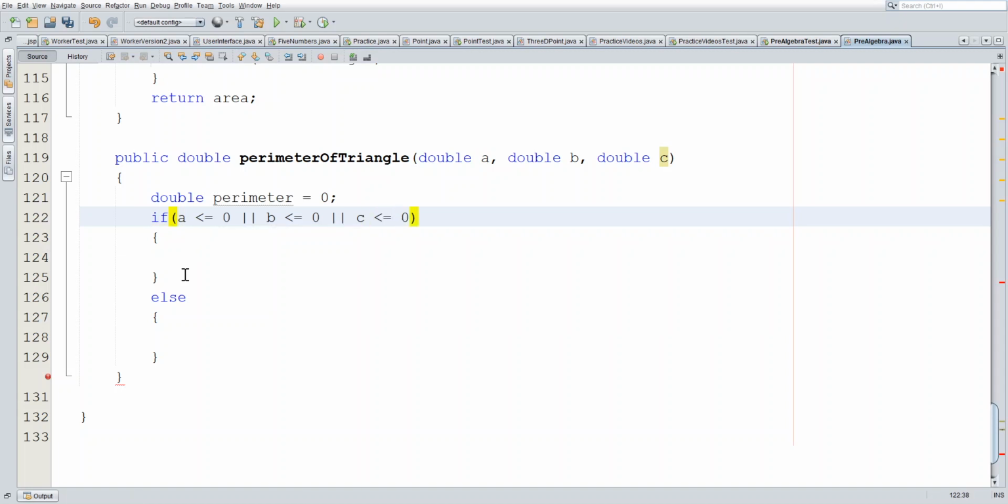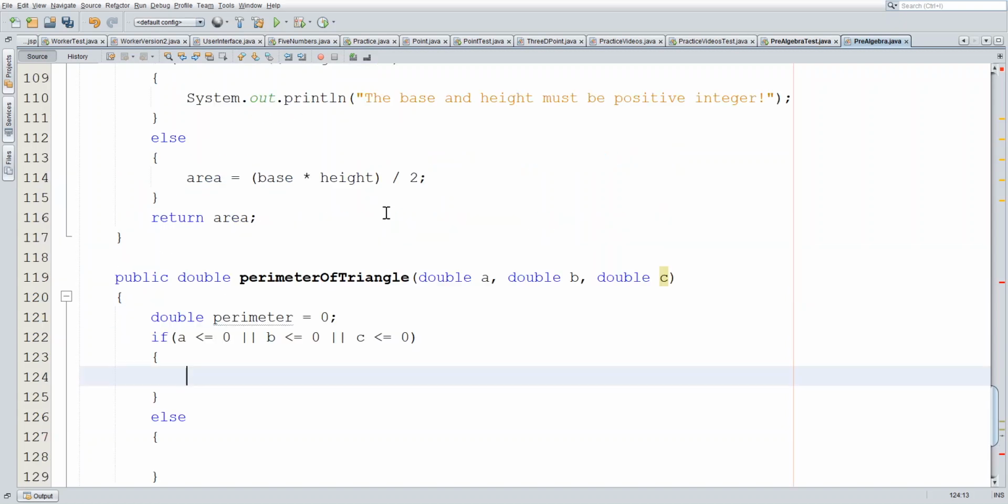So it doesn't matter which one they set to 0 or a negative number. If the user does A, it's going to catch it and throw that print statement. If it's B, it's going to skip by A. It's going to say, okay, A was 2, 2 is greater than 0, I don't have to worry about that. But then it's going to say B, -1. Nope. It's going to print out that error message for them.